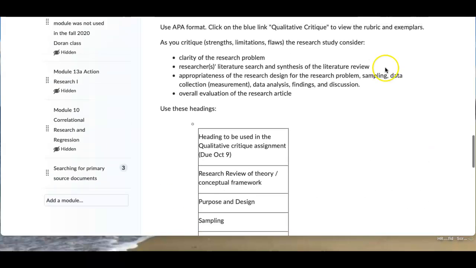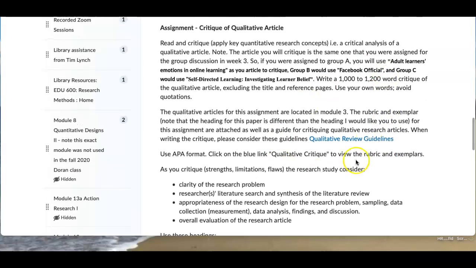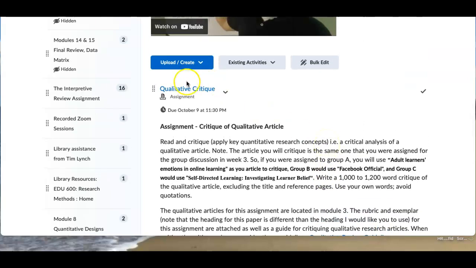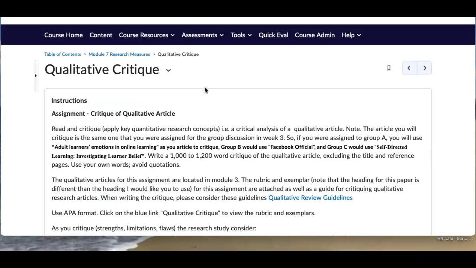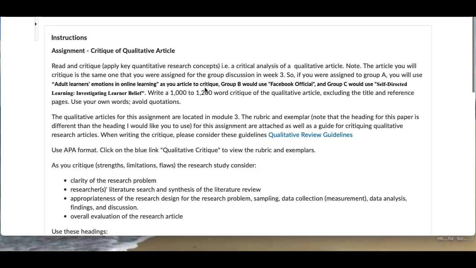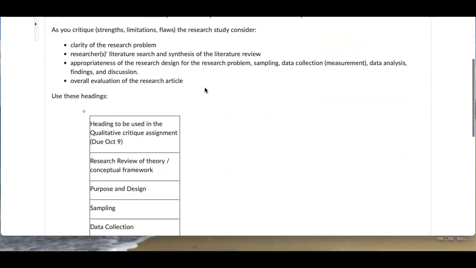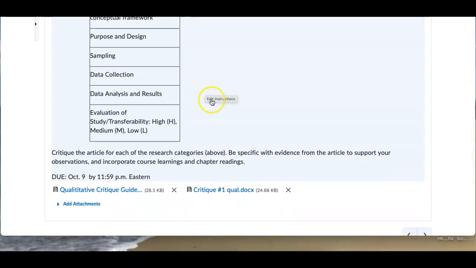I'm going to just show you a couple of things here. There's the guidelines, but right now I'm going to click on the critique. Okay, so here is the critique. It's the same thing that I had on the past page, but I did want to just point out a couple of things.